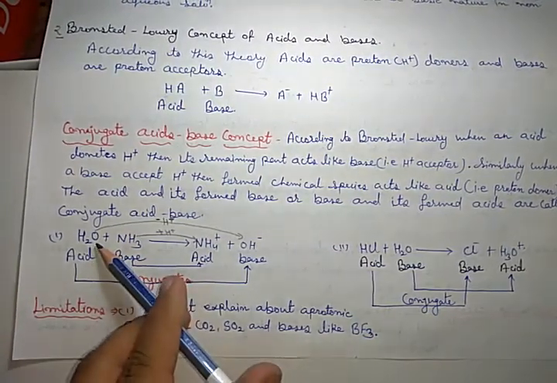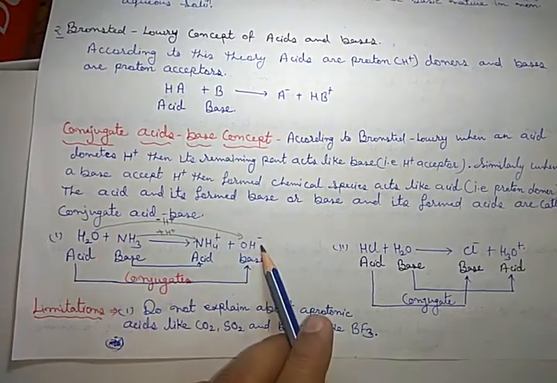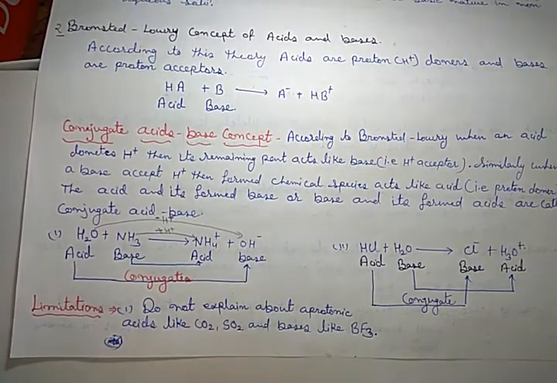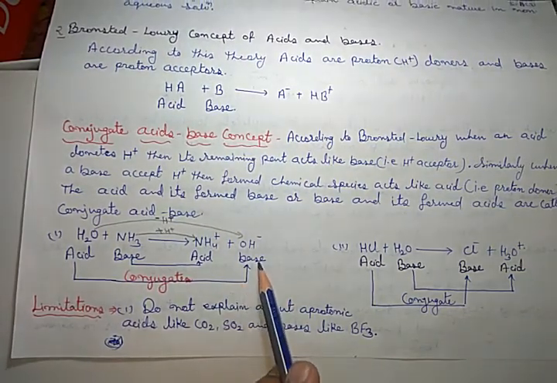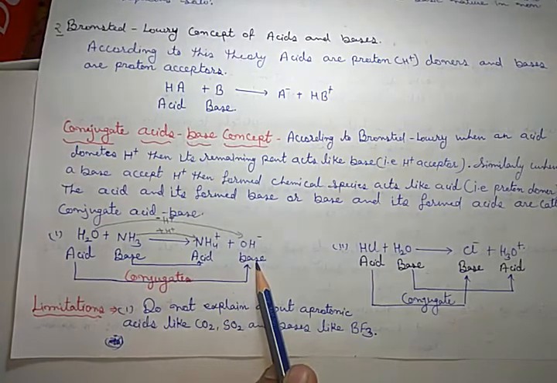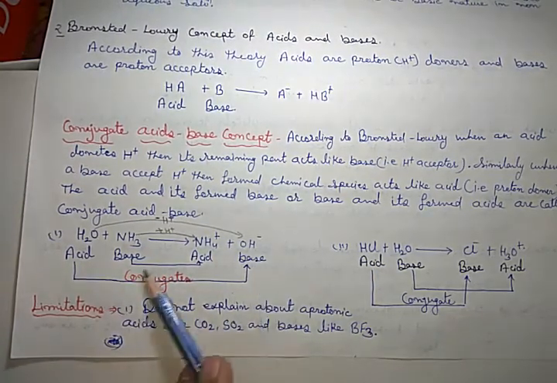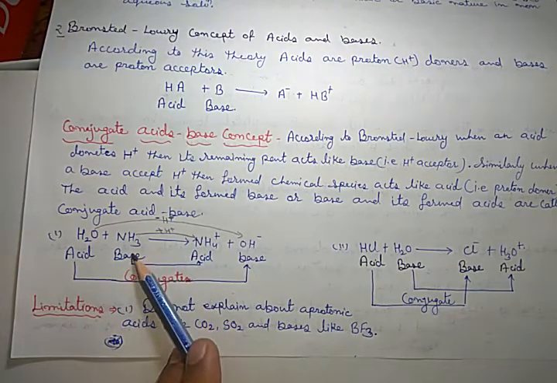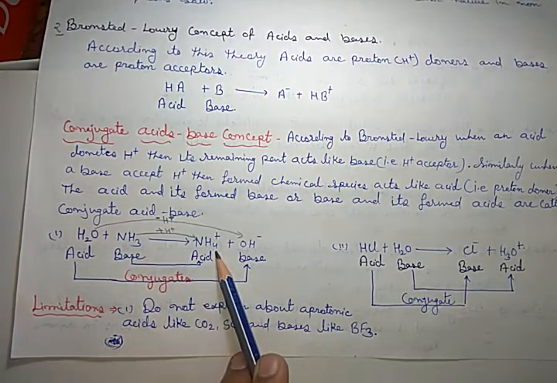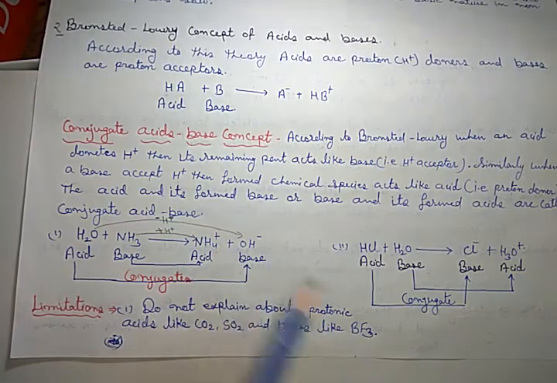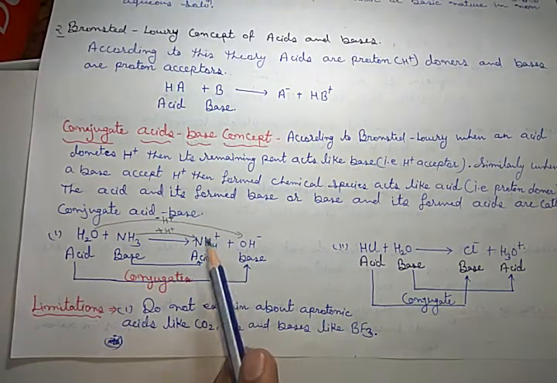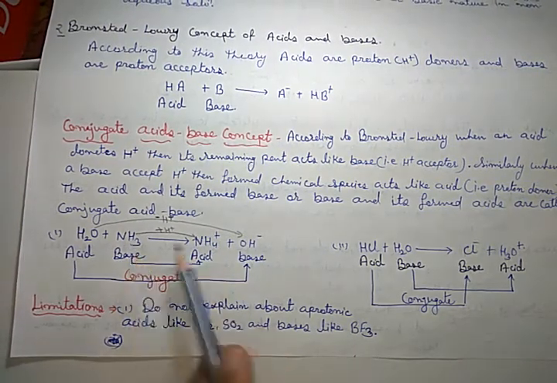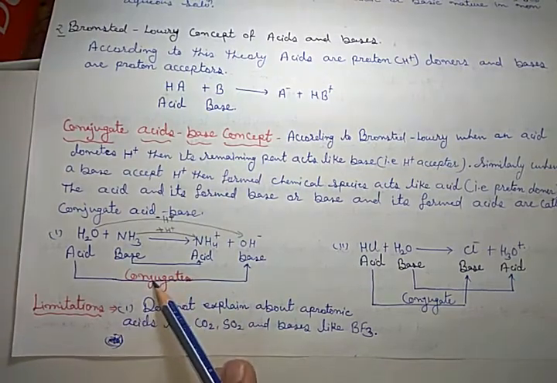After donating H plus ion, the remaining OH negative has a tendency to receive H plus ion, so it acts as a base. So this acid and that base are conjugates. Similarly, NH3 receives H plus, so it is a base. Now NH4 plus has a tendency to donate H plus ion, so it acts as an acid. So this base and this acid are also conjugates.